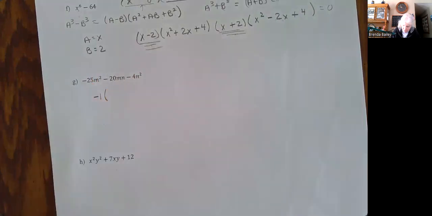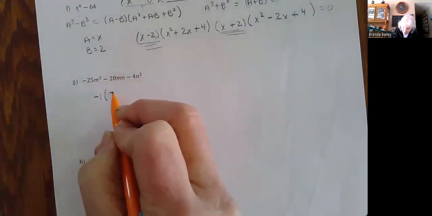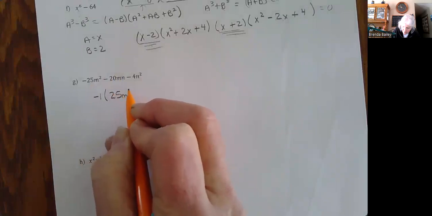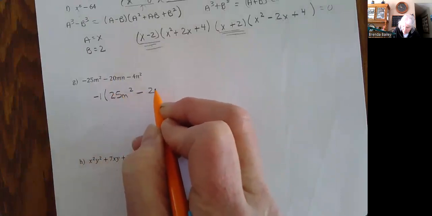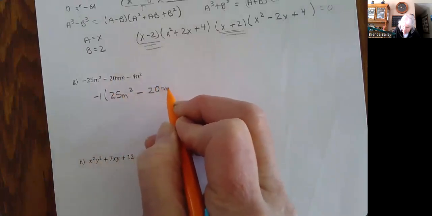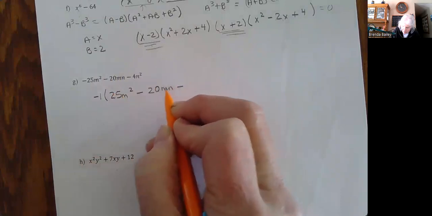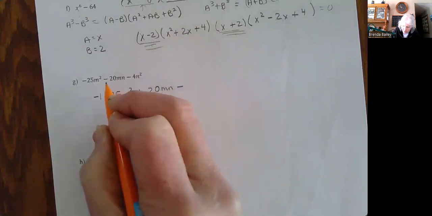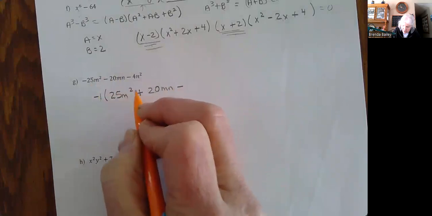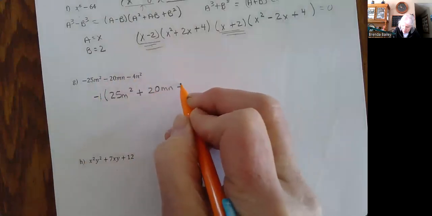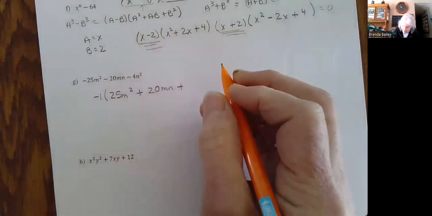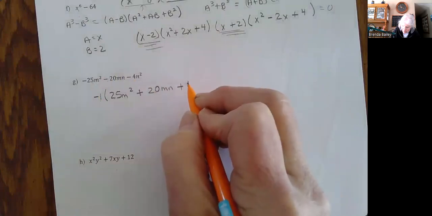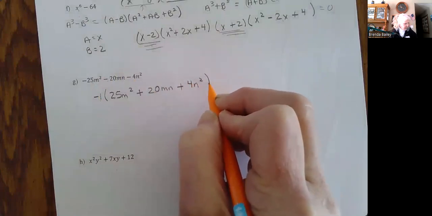You don't have to put the 1 there. 25 m squared. They had no common variable and not a number that comes in. Oops, that's going to be a positive. Negative times a positive is a negative. And this will also be a positive. 4 n squared.